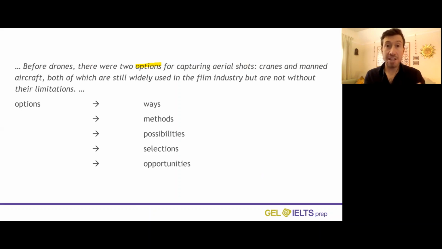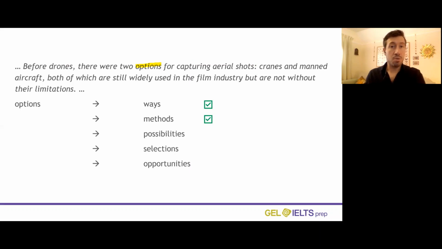A way is how you do something, so that makes perfect sense. Now, ways and methods have exactly the same meaning, so methods would also be a synonym here. You could say, before drones, there were two methods for capturing aerial shots. That works perfectly.